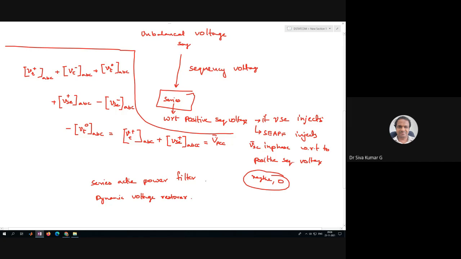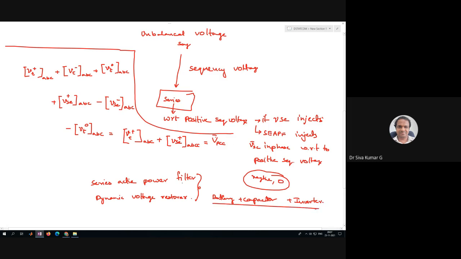First thing, the device has to have a battery, and then the capacitor, and then you have to have an inverter. These are things which are required also.